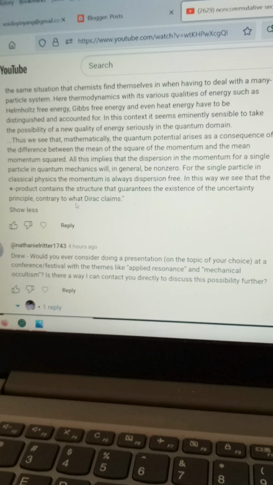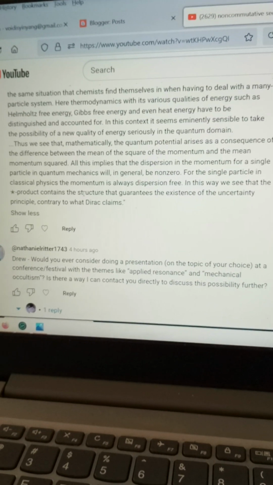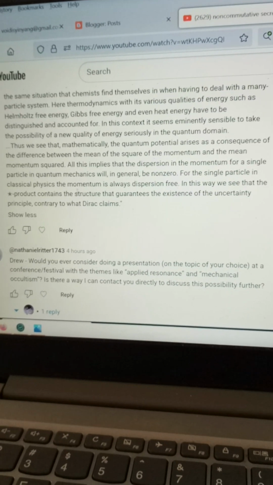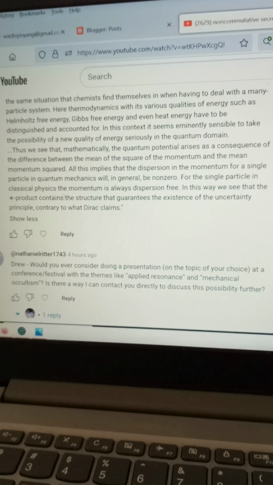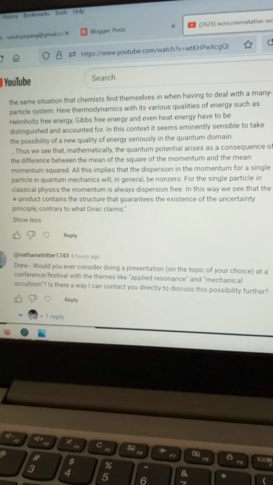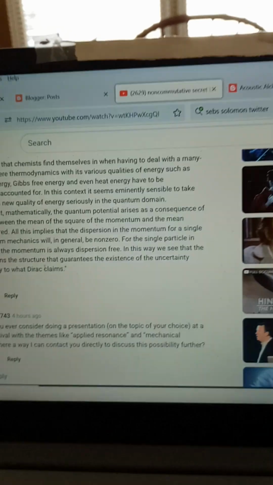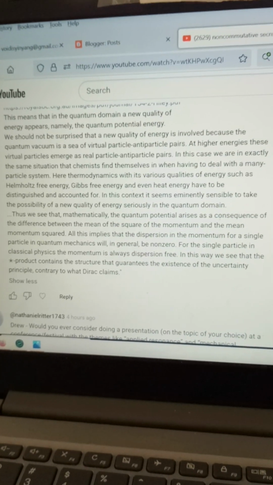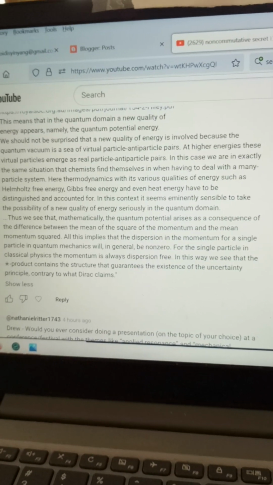For the single particle in classical physics, the momentum is always dispersion-free. In this way, we see that the star product contains the structure that guarantees the existence of the uncertainty principle, contrary to what Dirac claims. So Dirac was trying to maintain the symmetry by ignoring the underlying non-commutativity dynamic.